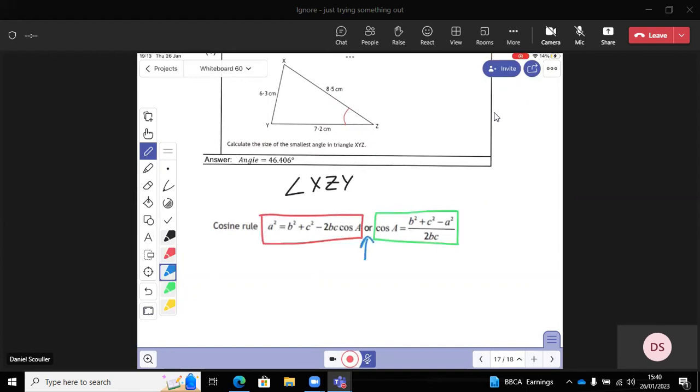So we need to use either the left bit, which is in the red square, or the green square. Now if we're trying to find an angle, then that one there is already set up to find our angle A. So we need to apply this equation to find angle A, and we need to label up our triangle to allow us to find angle A. Let's go back to that triangle and label it up.